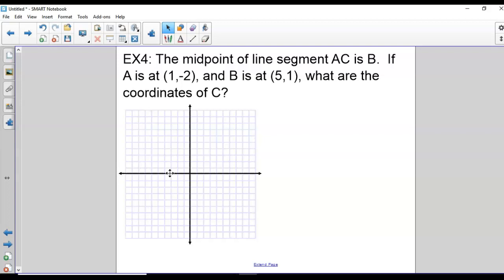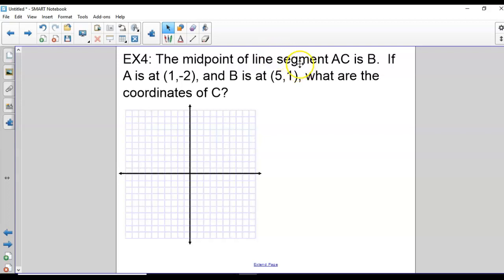So midpoint of line segment AC is B. If A is at 1, -2, and B is at 5, 1, what are the coordinates of C? Okay, are we finding the midpoint? We are not, because what letter represents the midpoint? B, right?